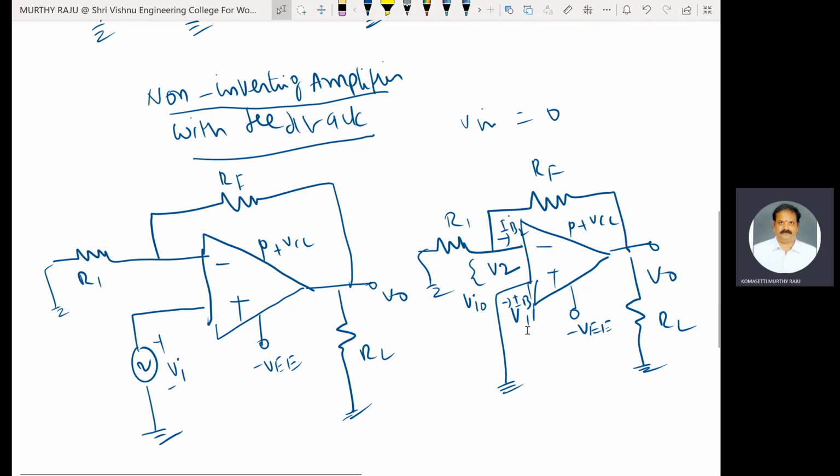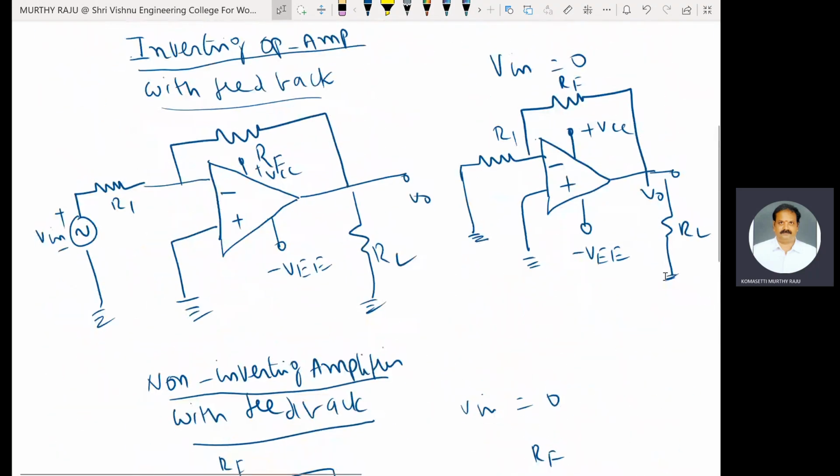In both the cases, Vin is equal to 0. This circuit diagram: this one is V2, this one is V1, VIO. This one is IB2. This one is IB1.